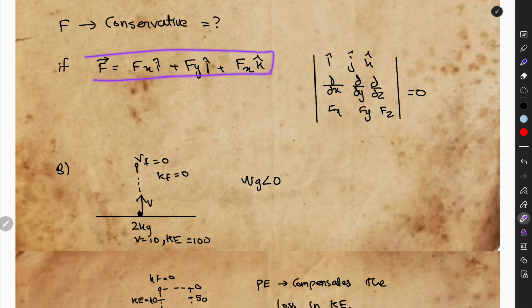When they give a force equation like F is equal to Fx i cap plus Fy j cap, you need to take the determinant of that and equate it to 0. So partial differentiation by dx, Fx, Fy, Fz. This is not important, just take a glance at it. That's it.